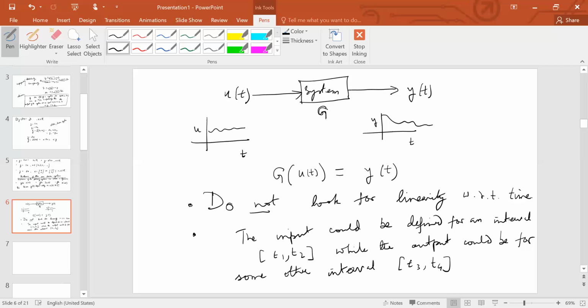So in other words, you're applying an input from this instant to this instant, and the output you're probably studying from this instant to this instant.